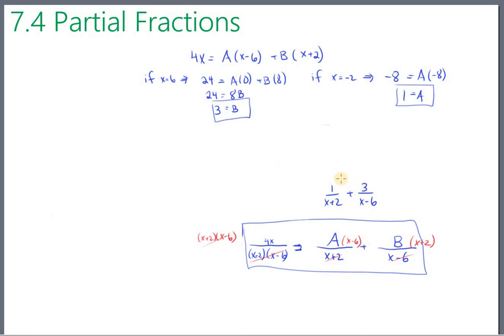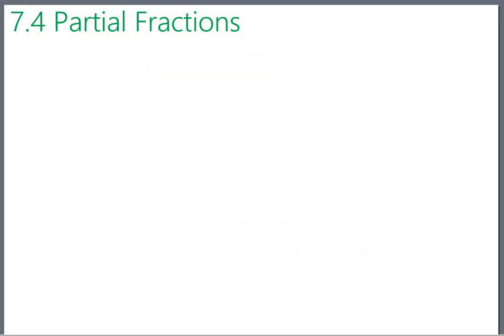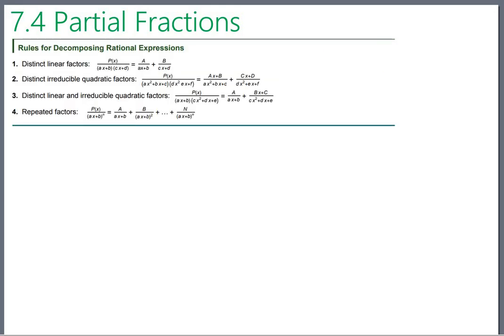So that's our whole technique for 7-4, is just to take one fraction and split it apart into two or more fractions that it came from. So let's take a look at the general recommendation for doing this. There's a lot of ways that fractions add together depending on what their denominators look like.